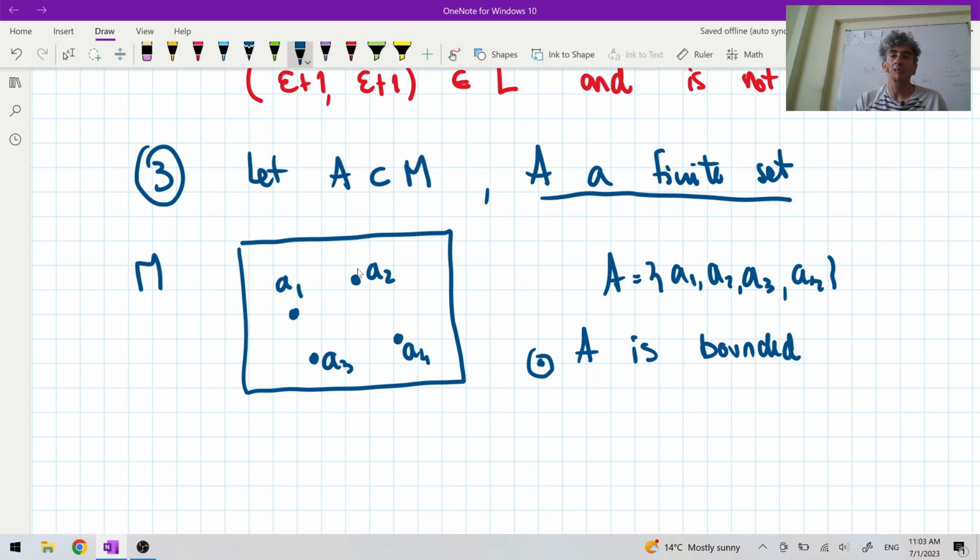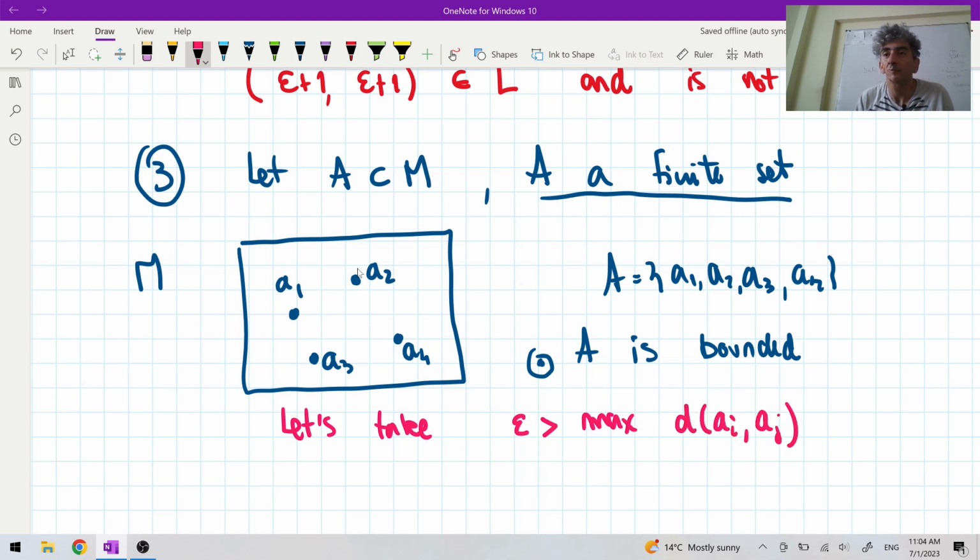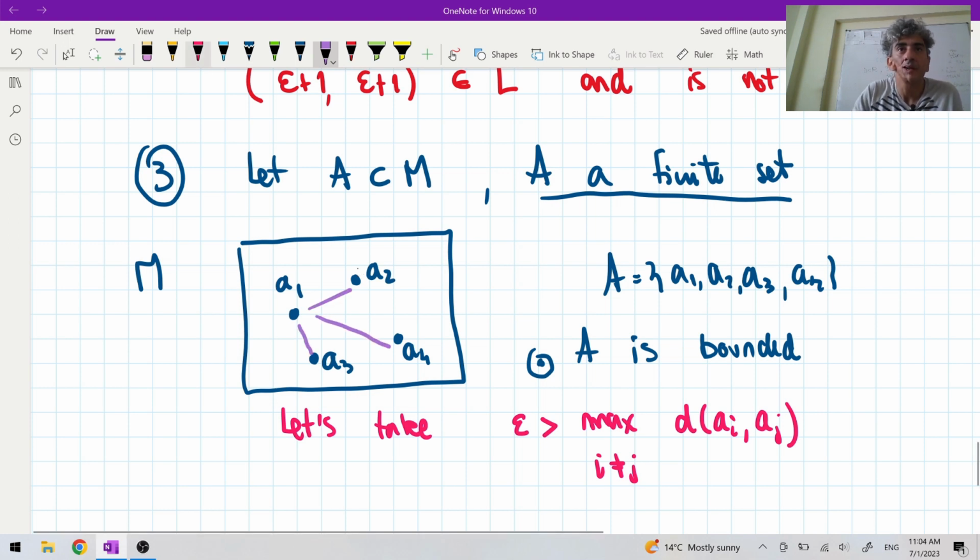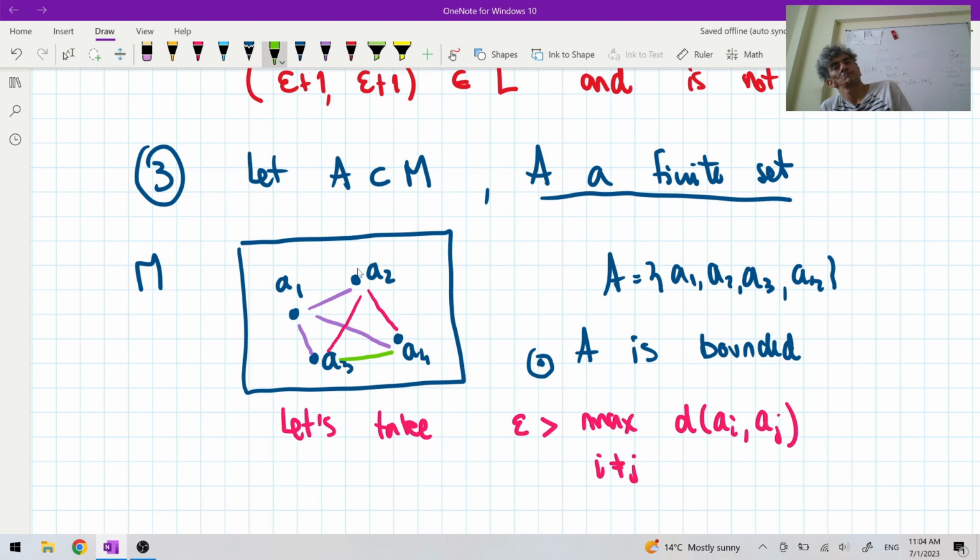How do we show that? Let's take epsilon to be greater than the maximum of the distances between the elements of A. That is, we measure all these distances and we take the biggest one.